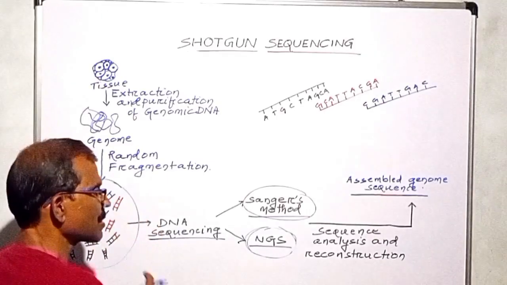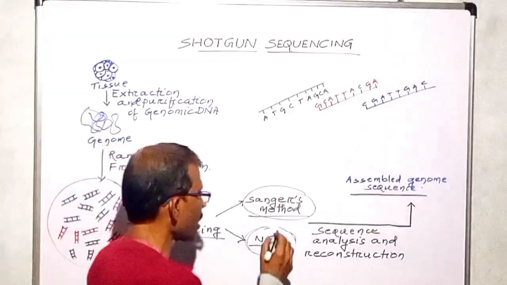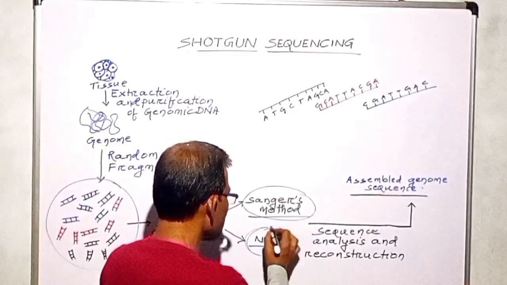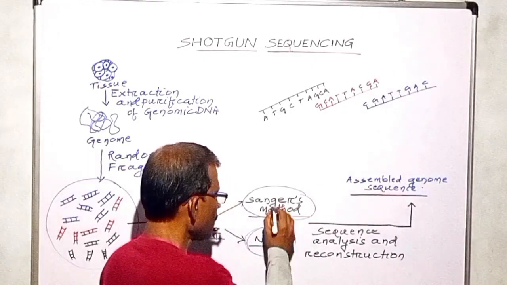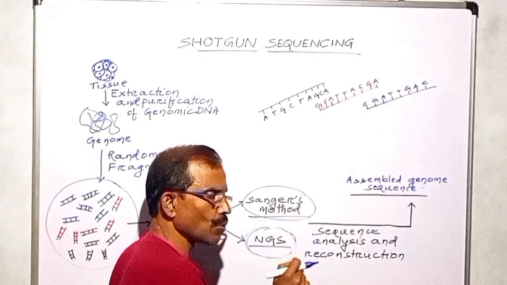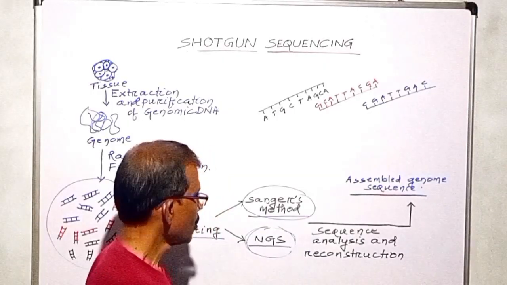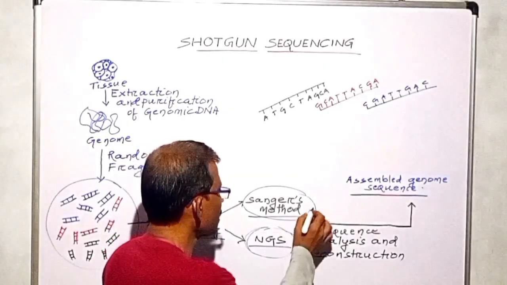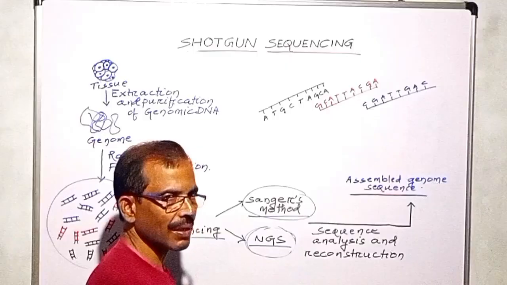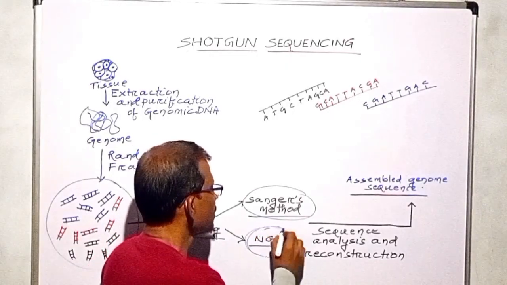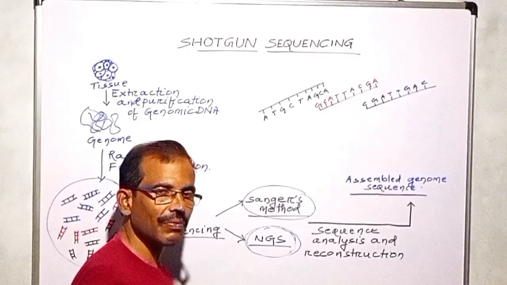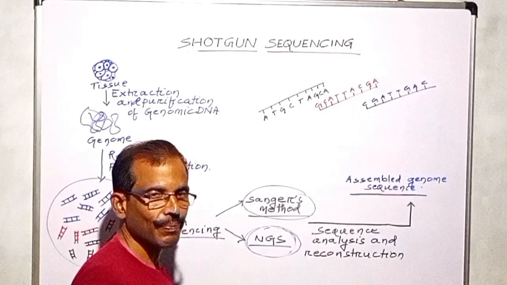All these fragments can be sequenced by either Sanger's method or by next generation sequencing, NGS. The main difference between these two is throughput. While Sanger's method can sequence only one DNA fragment at a time, NGS can sequence millions of DNA fragments simultaneously.